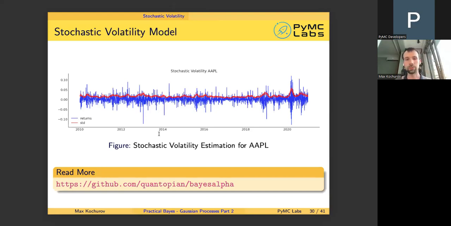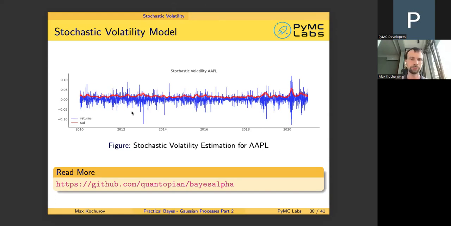The next cool example about Gaussian processes is that they can not only represent observed variables, but latent variables. And a great example there is stochastic volatility. The stochastic volatility is inspired by Bayes alpha model from Quantopian. And the latent factor is variance of returns.